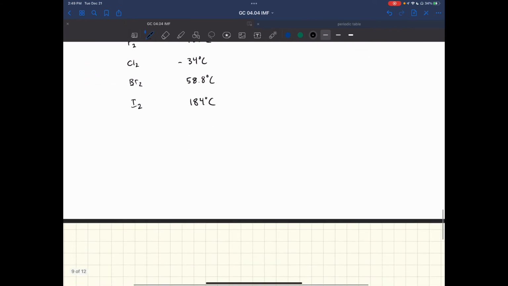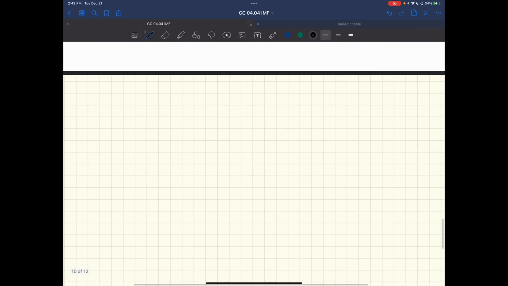Now we need to talk about our last and the strongest IMF, which is hydrogen bonding. This one is really just a special case of dipole-dipole.